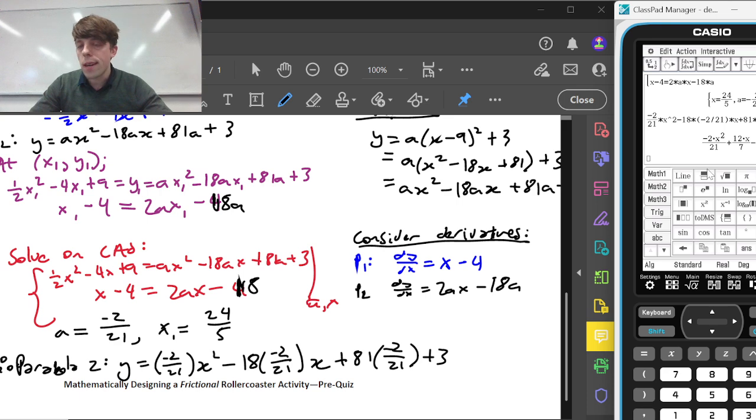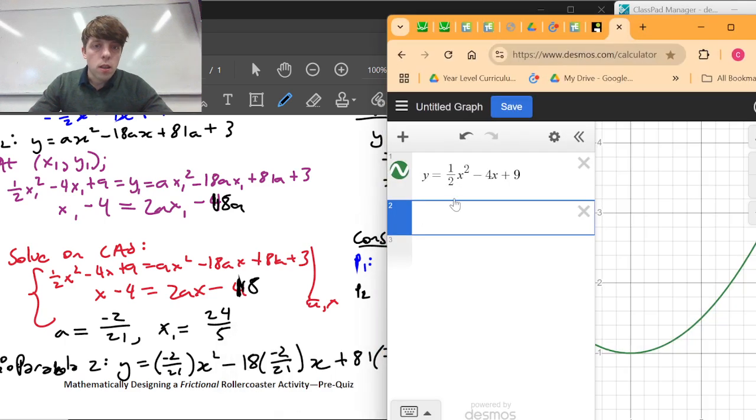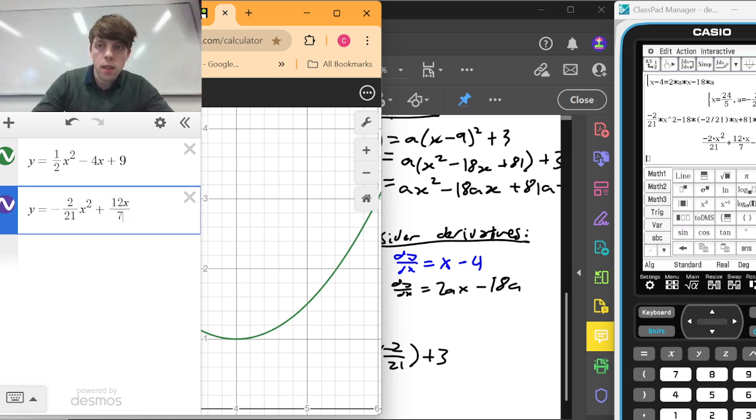There we go. There is our equation. And if we plug that into the Desmos program as our second equation, it should be a line that passes through these 2 points. Let's see if it works out.